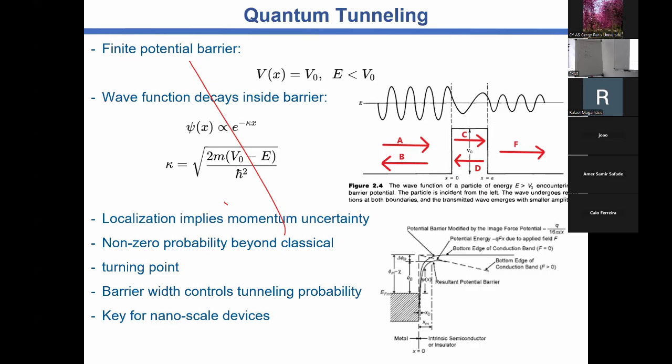So here we have this reduction of the wave function inside the barrier, and after it is reduced, the wave function is modified because of the perturbation of the barrier.